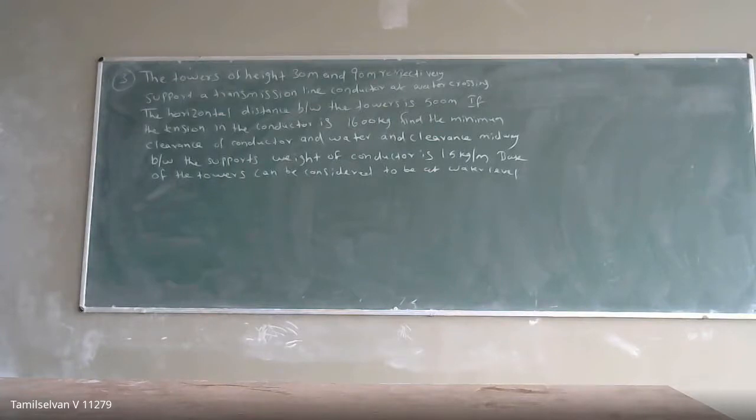If the tension in the conductor is 1,600 kg, find the minimum clearance of the conductor and water, and clearance midway between the supports. The weight of the conductor is 1.5 kg per meter. The base of the tower can be considered to be at water level.